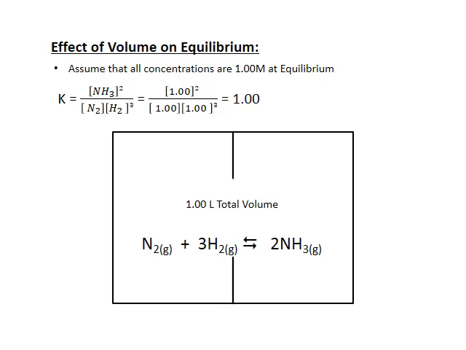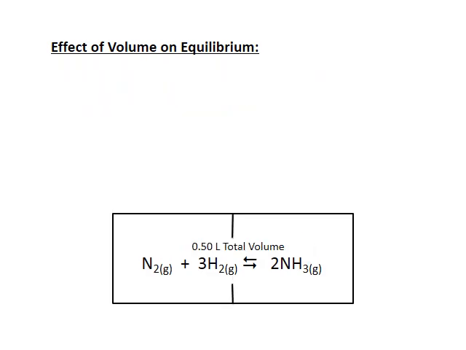So let's see what happens when I decrease the volume of the container. If I squish that container down to half of its volume, I've still got the same number of moles at that instant of my reactants and products, and I decided I had 1 mole of each. So I've got 1 mole in half a liter, so the concentrations are now doubled by halving the volume.